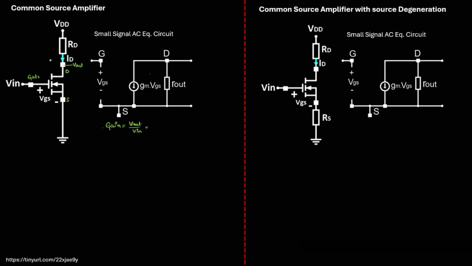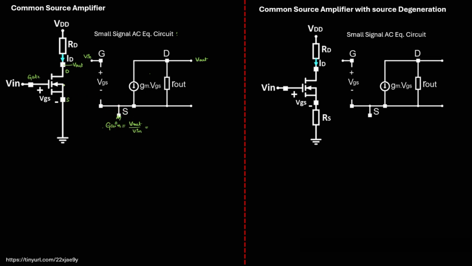As we have to calculate the gain for this configuration, we will make a small signal AC equivalent circuit. In it, let me take the transistor small signal model first, and connect it as per the circuit connections in the schematic, where gate is connected to V input, drain is connected to V output, and source is connected to the ground.